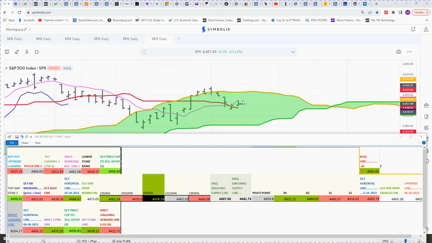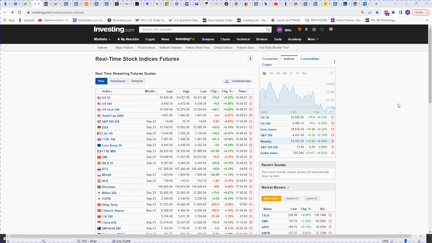So that gap zone is right over here. You can see the low is at this bottom over here, and the top at this high, so a little bit of a gap zone, not much, but nonetheless coincides with the price flip. And price closed the aftermarket hours for the S&P 500 on Friday at 4460.